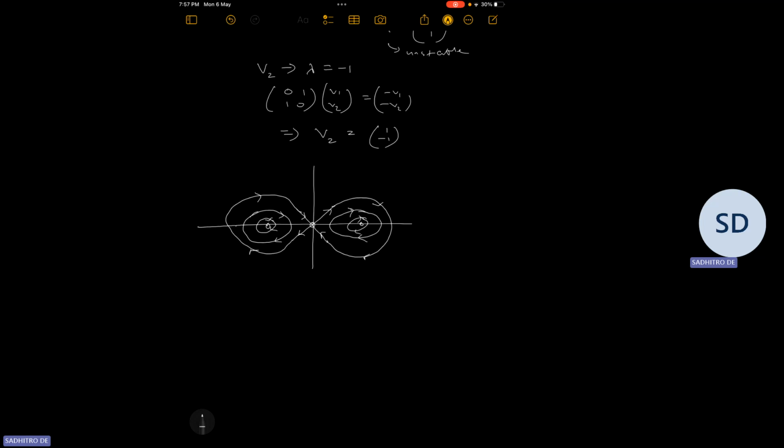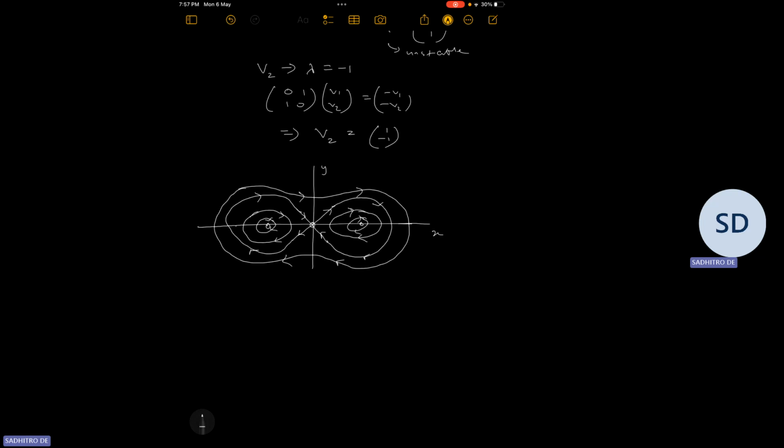And beyond this, what happens is that you have a trajectory which goes like that. So this gives us a rough picture of the phase portrait. So this particular trajectory which passes through the origin is somewhat between the larger closed path and the smaller.